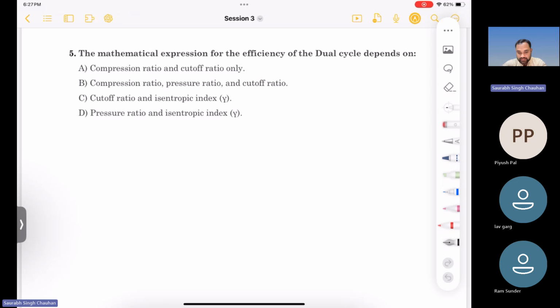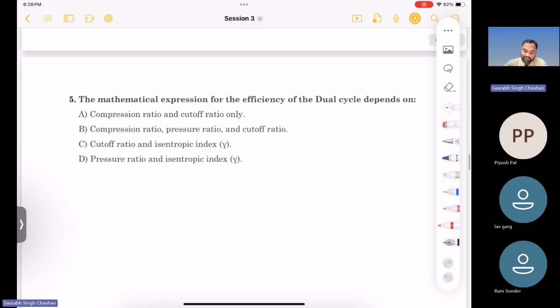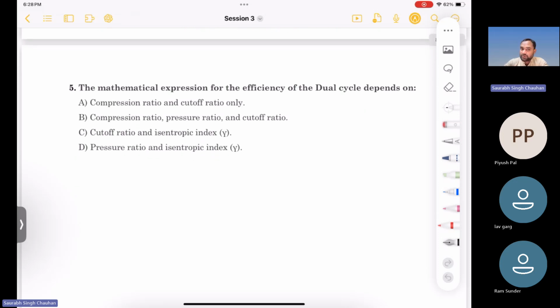If you know the formula, you can easily tell, and we have already discussed this in the first question itself. The efficiency of the Otto cycle depends only on the compression ratio. For the diesel cycle, it depends on the compression ratio and the cutoff ratio. And for the dual cycle, it depends on three things: compression ratio, cutoff ratio, and pressure ratio.